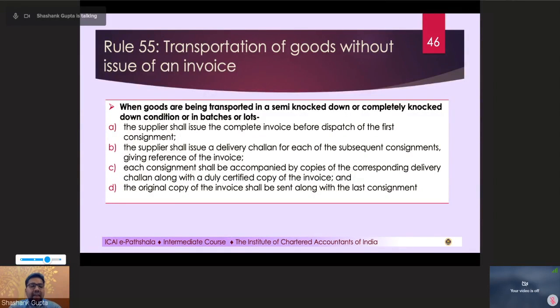Each consignment shall be accompanied by copies of the corresponding delivery challan along with a duly certified copy of the invoice. So, with every truck, there will be a copy of the original delivery challan along with a duly certified copy of the invoice, and the original copy of the invoice shall be sent along with the last consignment.